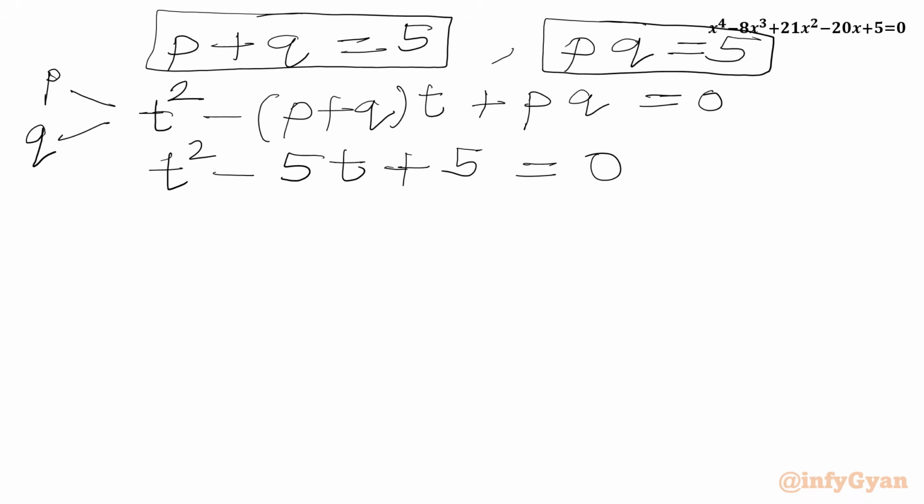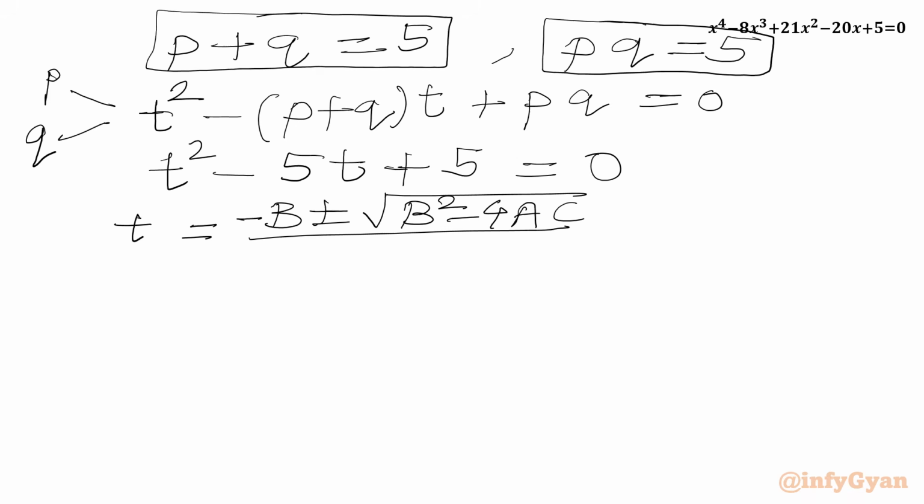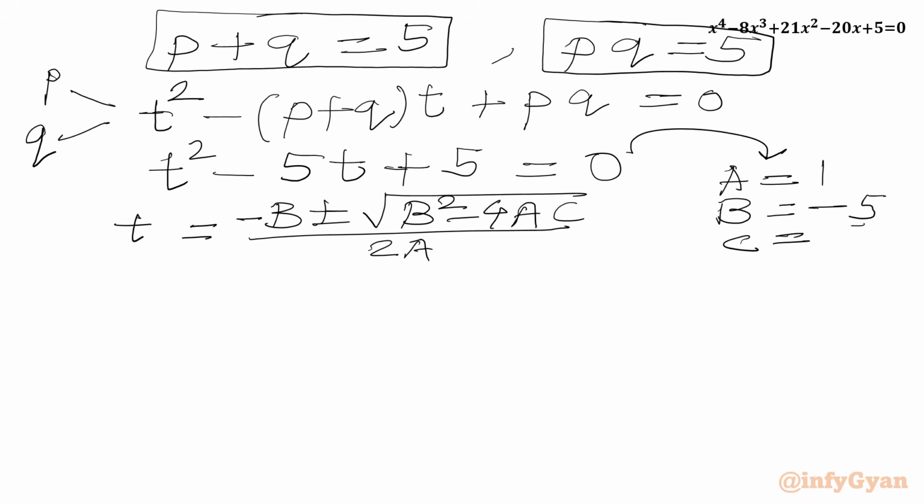We can use the quadratic formula. So t will be equal to minus b plus minus square root of b square minus 4ac over 2 times a. As per our quadratic equation, a is the coefficient of t square, 1, b is the coefficient of t, minus 5, c is the constant 5. So we will find t, and t is nothing but p and q.